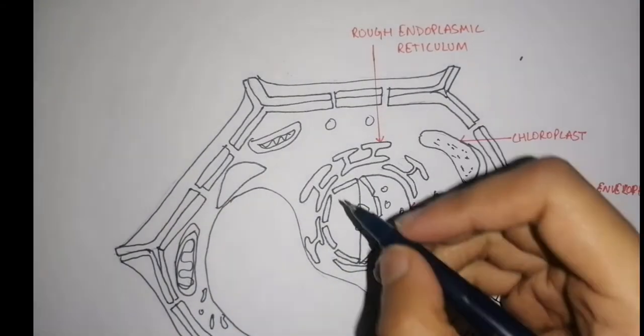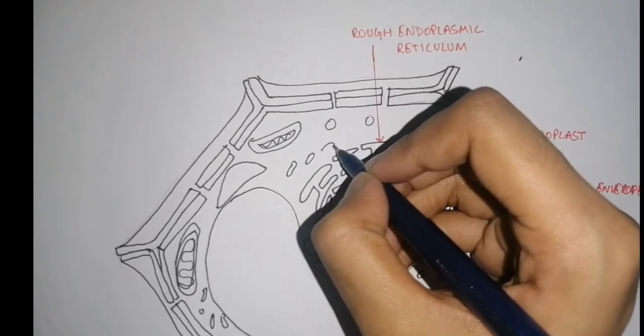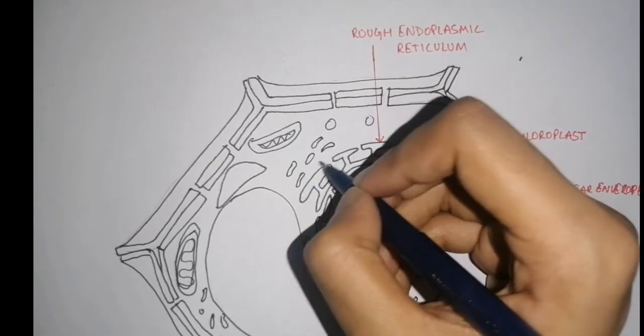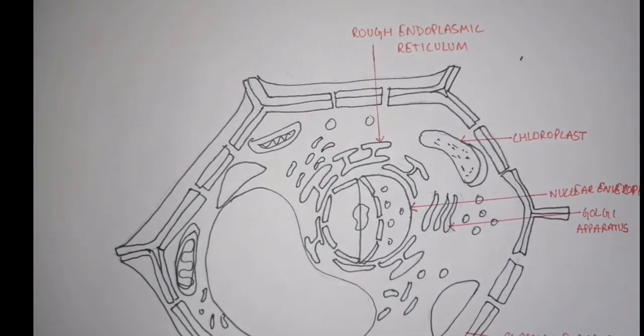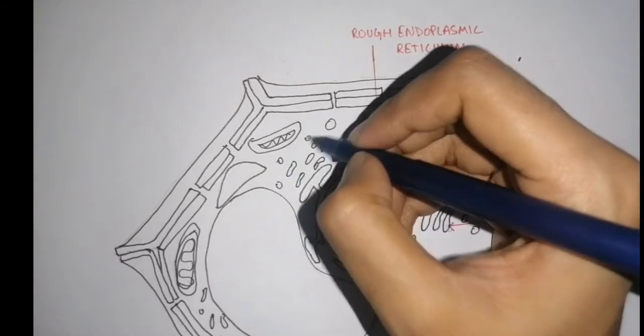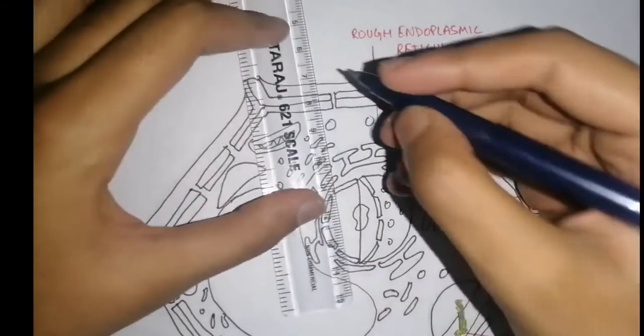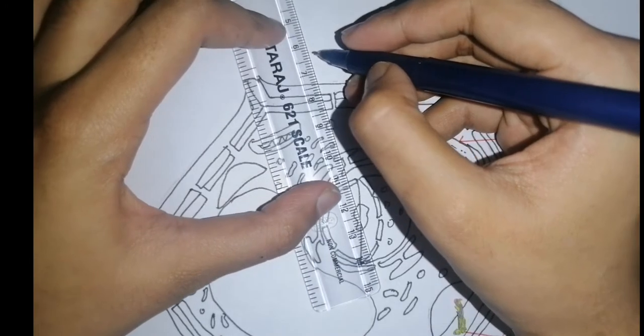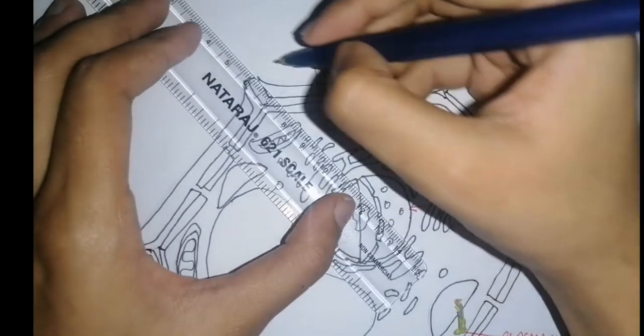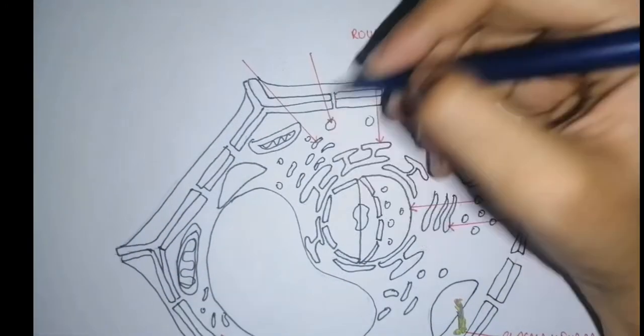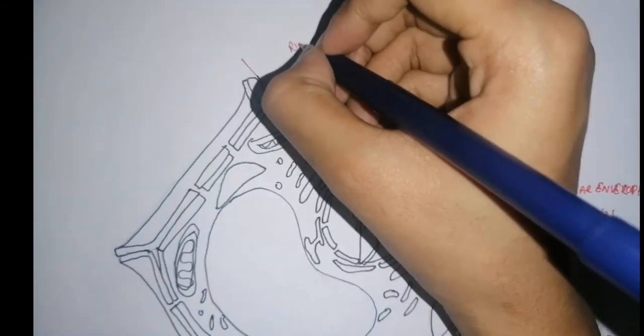We forgot to draw smooth endoplasmic reticulum, so now let's draw that. Now we have lysosome, then smooth endoplasmic reticulum or SER.